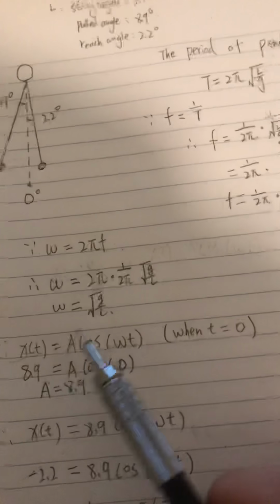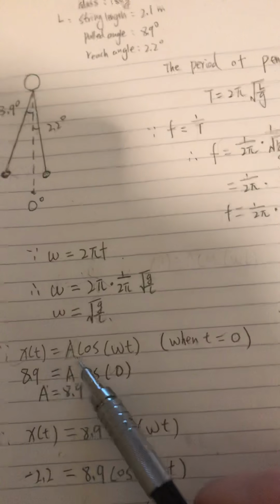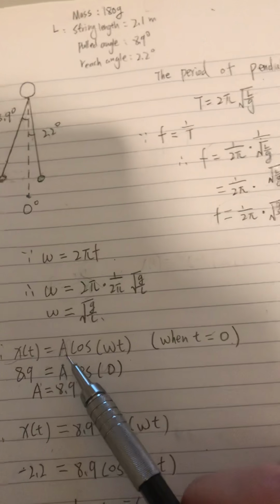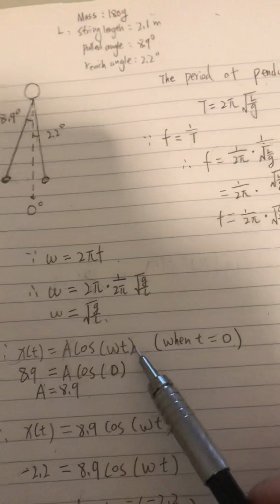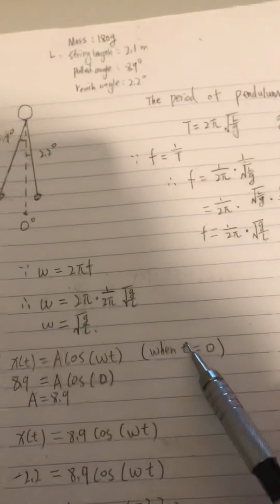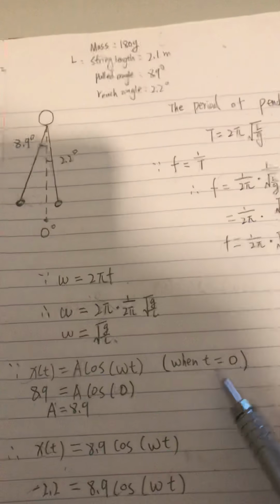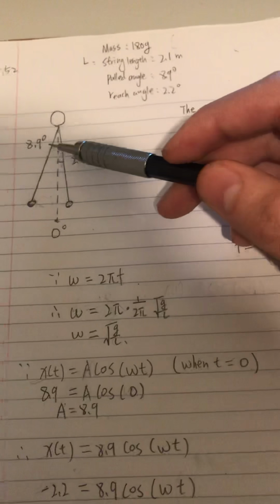So for the equation here, x(t) equals amplitude times cosine omega times t. So when t is equal to 0, the angle is 8.9 degrees.